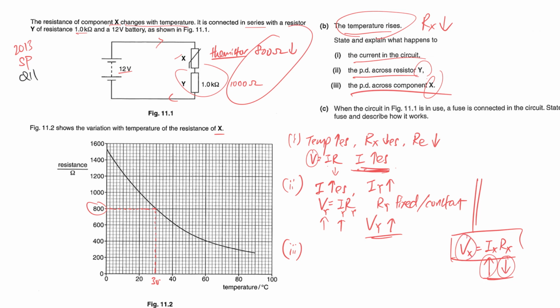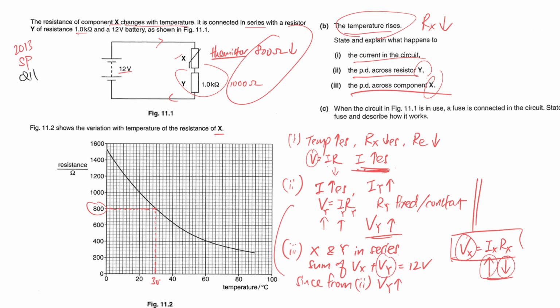Instead, I want you to use the concept that X and Y are connected in series. If it's in series, the sum of Vx plus Vy will equal the 12 volts, the EMF in this case. From part 2, you already explained that Vy increases.